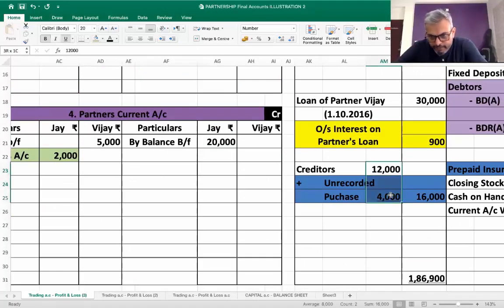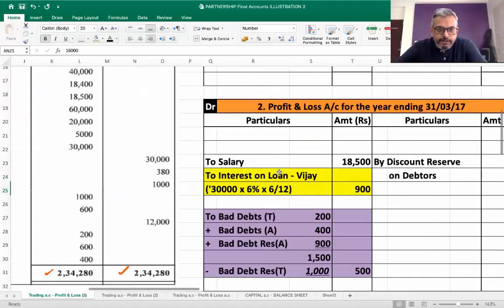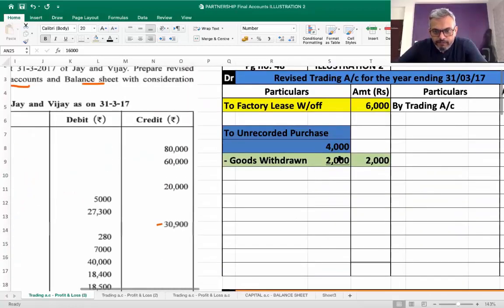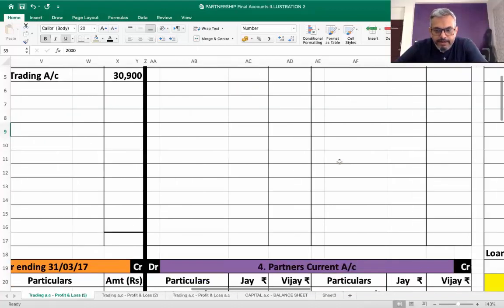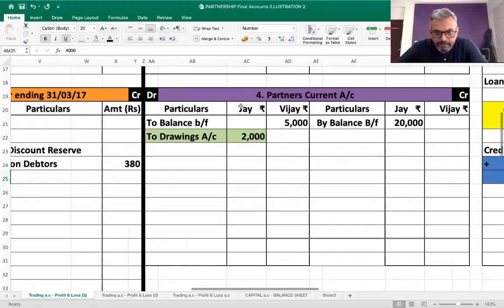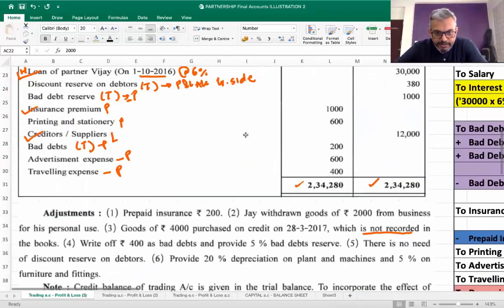Check all this also: 12 and 4, 16. Okay. Then Jai withdrew goods of 2,000 from business. So 2,000 is deducted from unrecorded purchase. And second effect, partners' current account, debit side 2,000. Check if this column is proper or not. Did the 2,000 go to Jai or not?